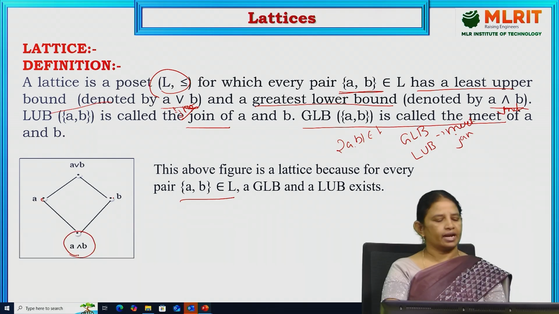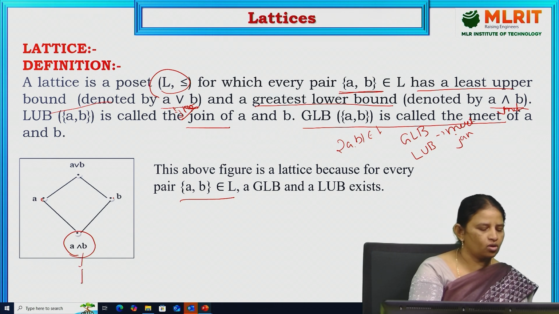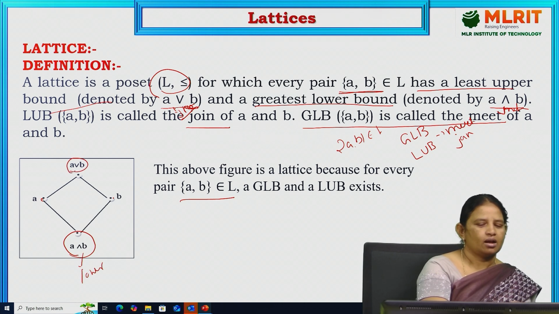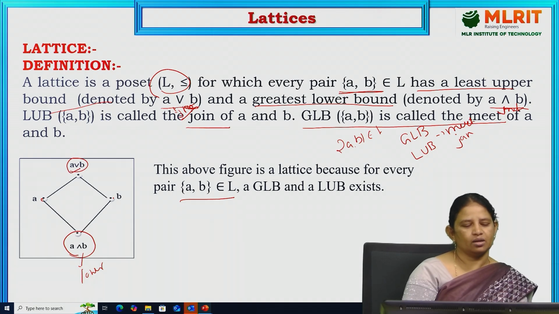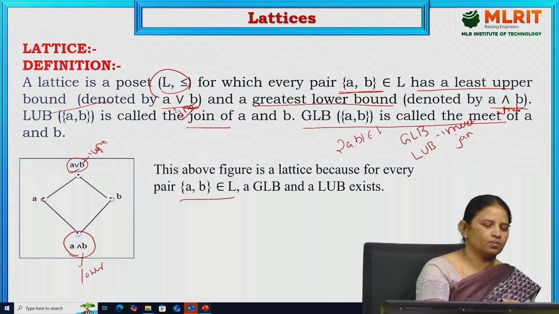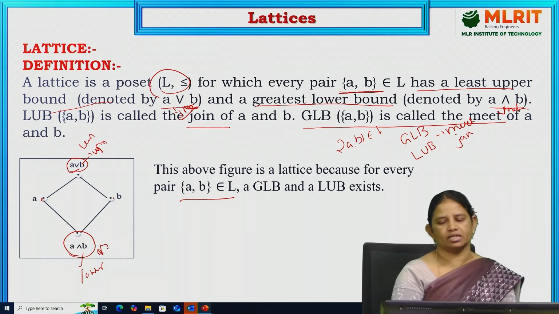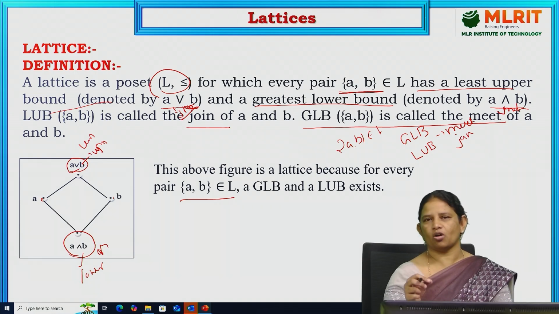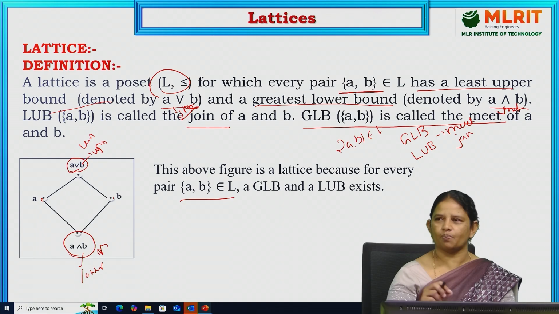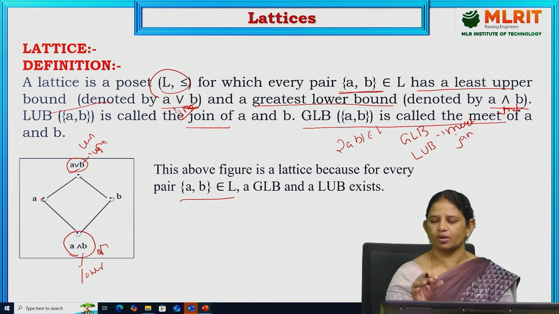The greatest lower bound is a lower bound, but it is the greatest. The least upper bound is an upper bound, but it is the least. For every pair of elements, there exists a meet and a join. Then we can say that it is a lattice.